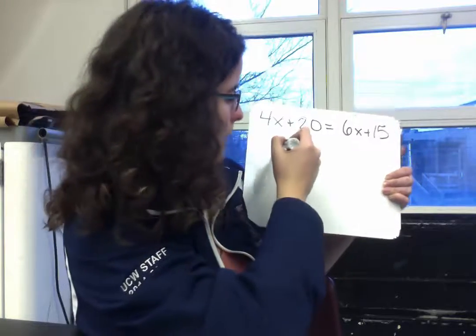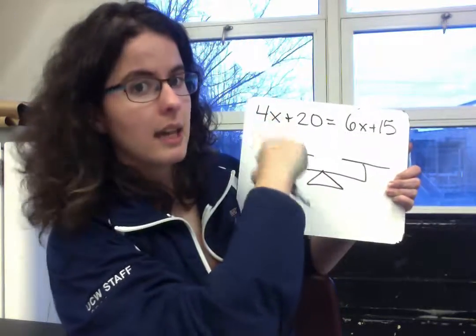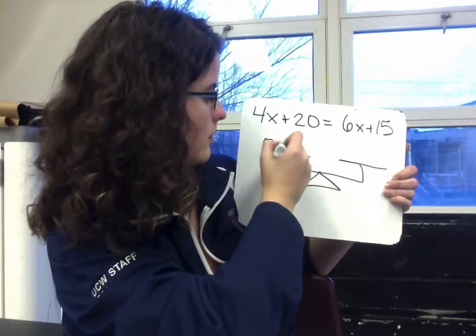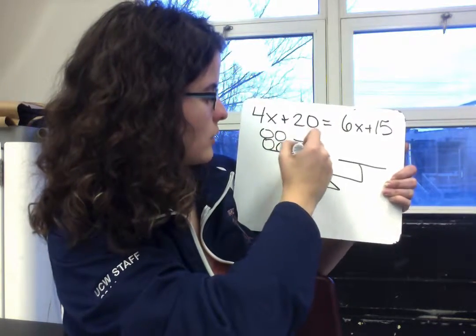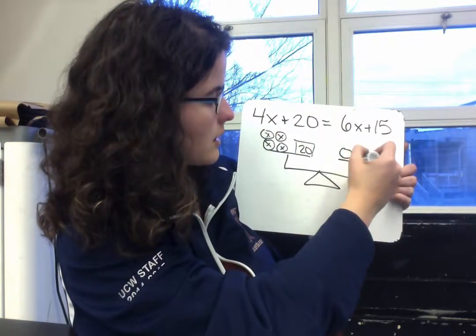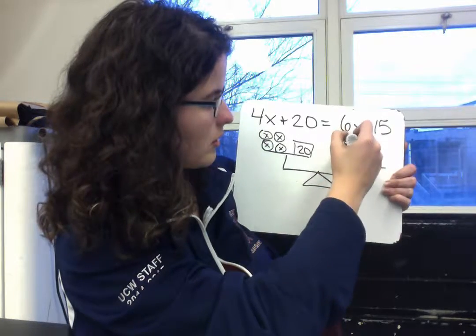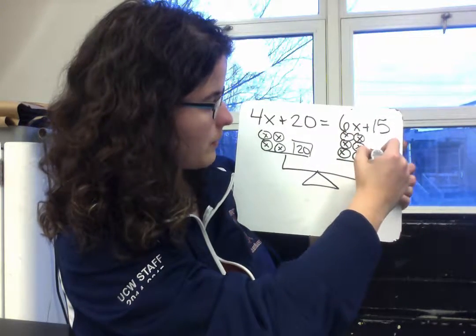If I set myself up a balance, I know that I need to have 4 bags and a weight of 20. And on this side, I need to have 6 bags and a weight of 15.